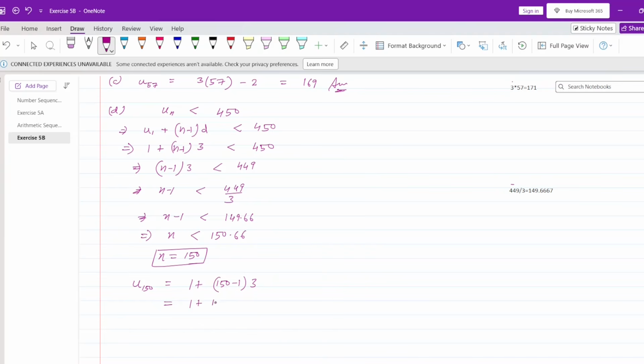That is 1 plus 149 times 3. If we calculate 149 times 3, this is 447, and plus 1, 448. So the 150th term is 448. That's the answer. Let's go to the next question.